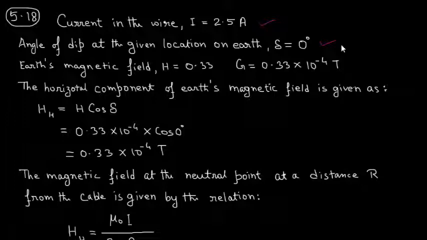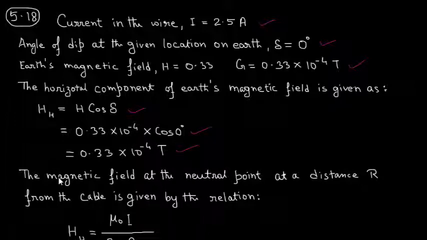Earth's magnetic field H is equal to 0.33 G, which is equal to 0.33 multiplied by 10 to the power minus 4 Tesla. The horizontal component of the Earth's magnetic field is given as H is equal to H cos delta. Putting the value of H and delta, we get 0.33 multiplied by 10 to the power minus 4 cos 0 degree, which is equal to 0.33 multiplied by 10 to the power minus 4 Tesla.